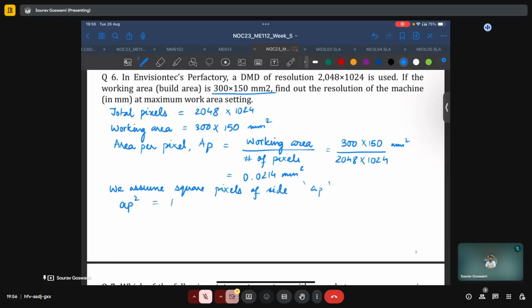AP square equals the area per pixel, which implies AP will equal under root of 0.0214 mm square, and this comes out to be 0.1465 mm. This is the required answer for this question.